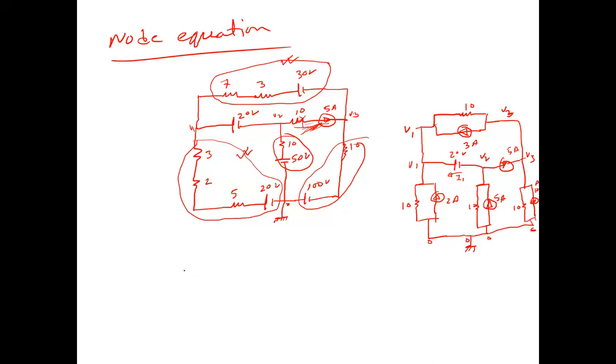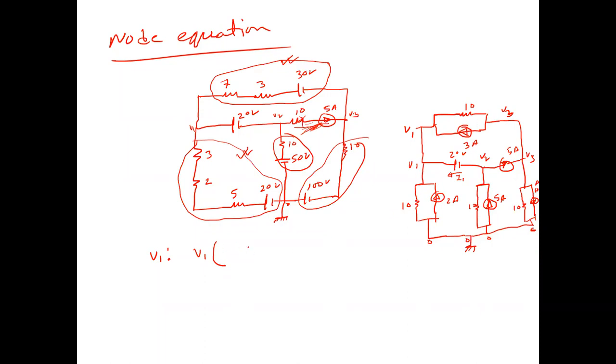Okay, so at first we use the V1 node. V1 node. All the resistances connected to V1: this V1 to this resistance, which is 10, and this V1 to this one.